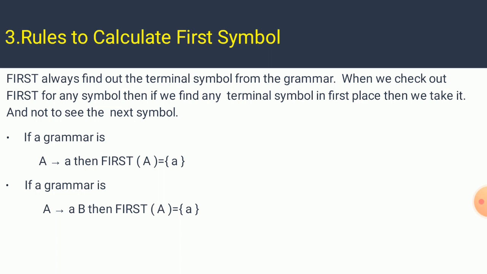We have seen various conditions and various examples to calculate the first symbol. In the first condition, if the grammar is capital A produces small a, then first of A is small a, which is a terminal. Now if the grammar has a production like capital A produces small a capital B, then we see the first position in the production is a terminal, small a, so the first of A is small a.